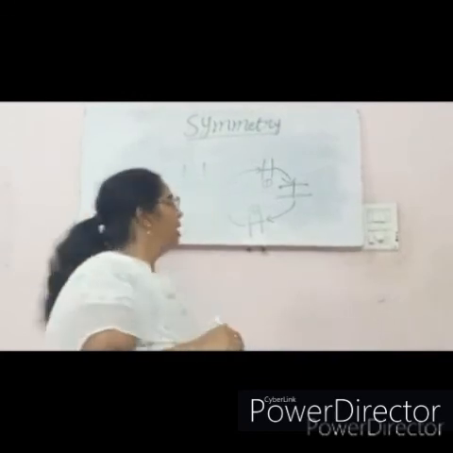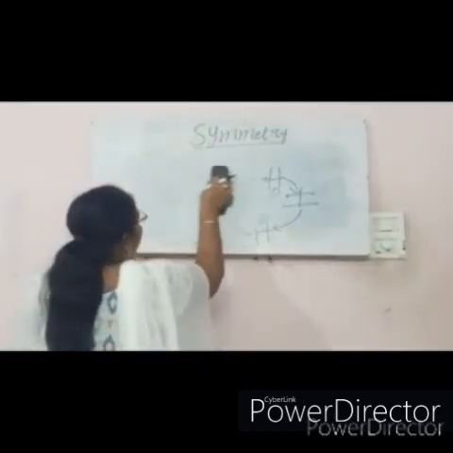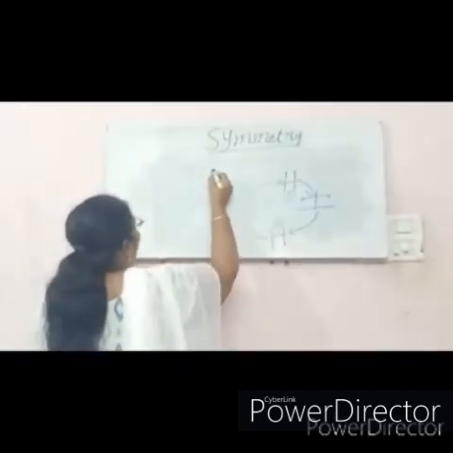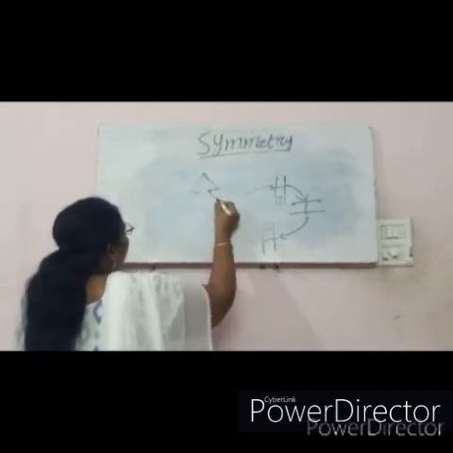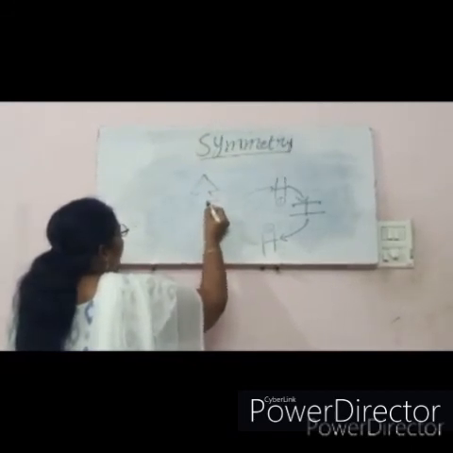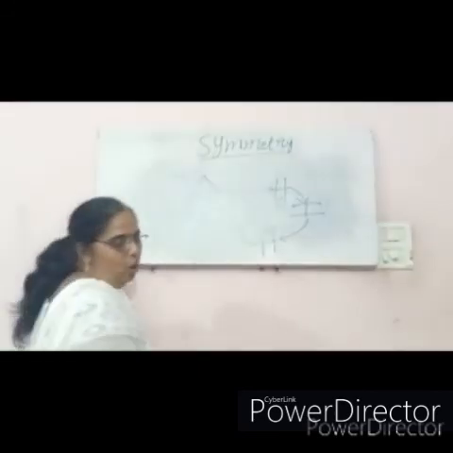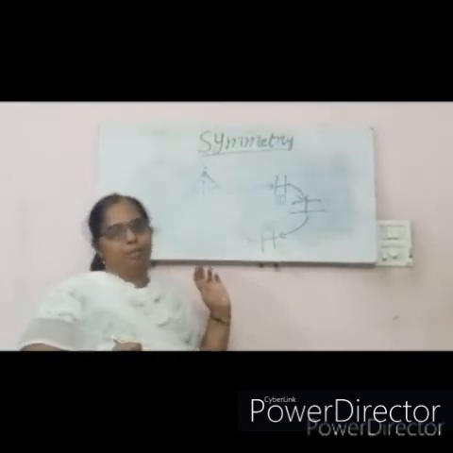For example, if you take a tree like this, it has only a line of symmetry, not a rotational symmetry.